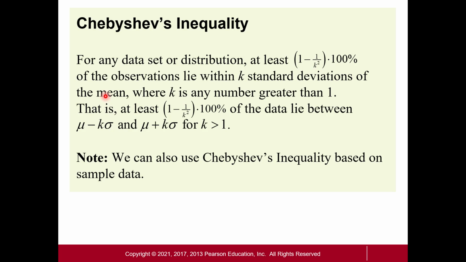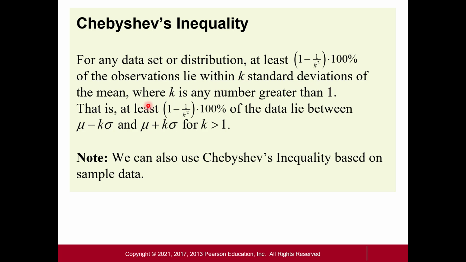Basically, when you choose a number of standard deviations, let's say 2, at least 1 minus 1 over 2 squared times 100%, whatever percent that gives us, at least that percentage of the observations lie within 2 standard deviations from the mean. And you can do this for any standard deviation value greater than 1.